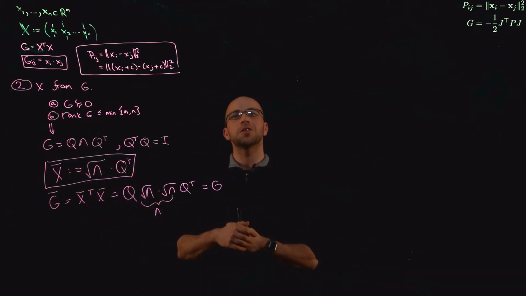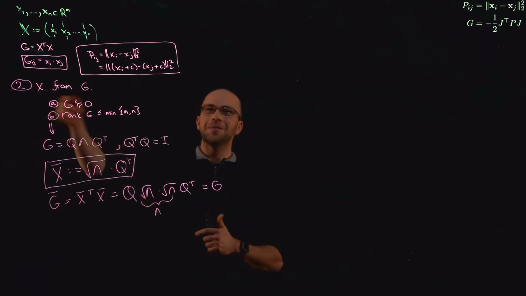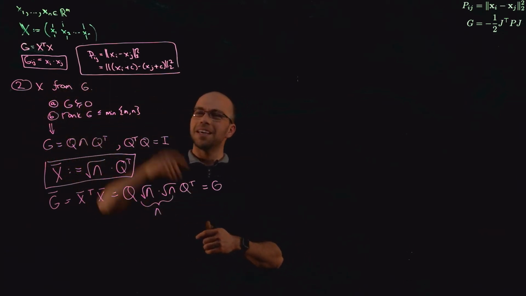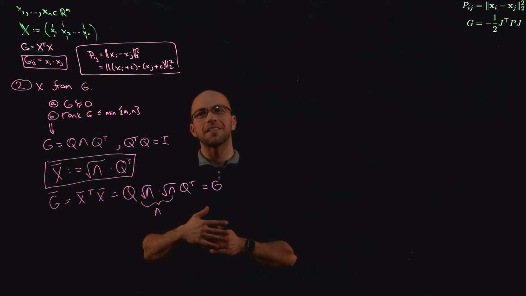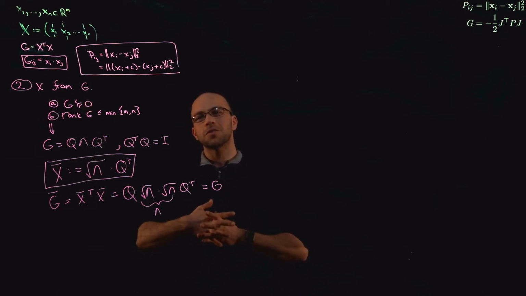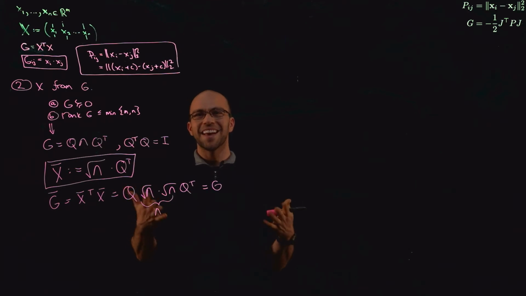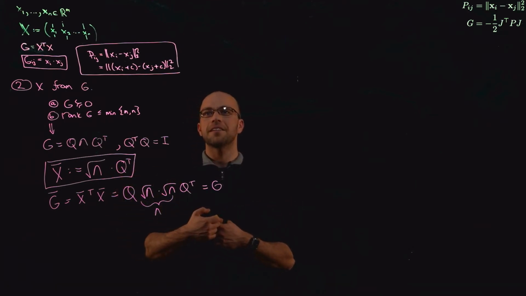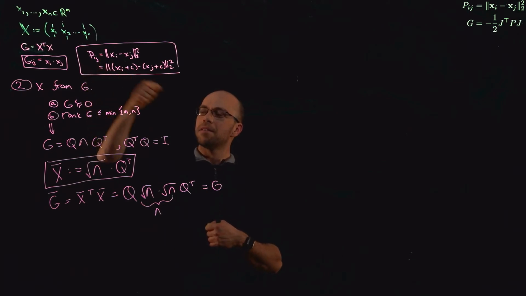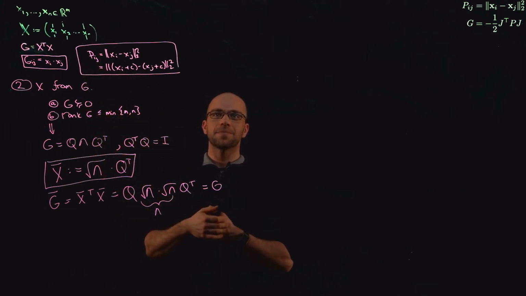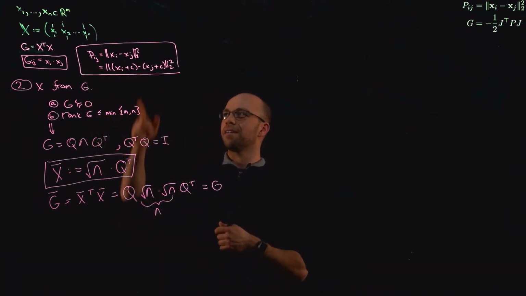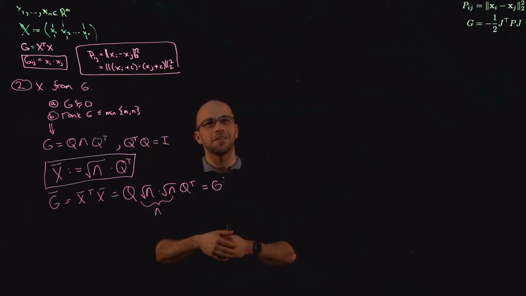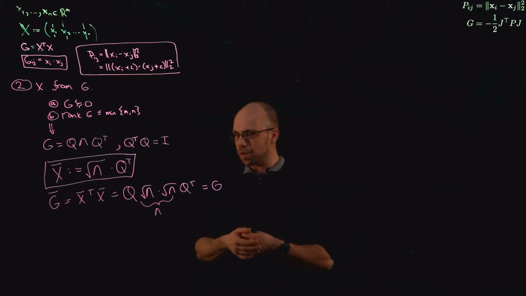But we also showed in number 1, which I've erased from the board, that G can be obtained from P, the pairwise squared distances. So overall, our construction tells us how to get an embedding x bar based on our pairwise squared distance matrix P. What it doesn't say is that x bar is equal to x, and in fact, they can be shifted or rotated from one another, because that information is basically just thrown away.